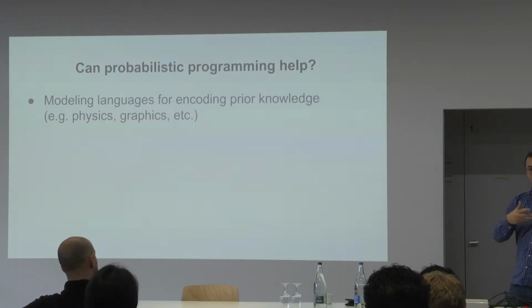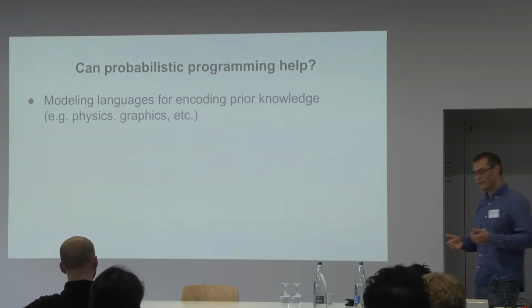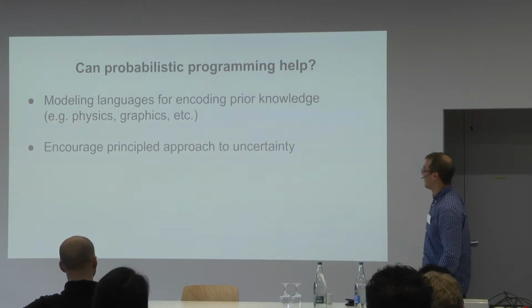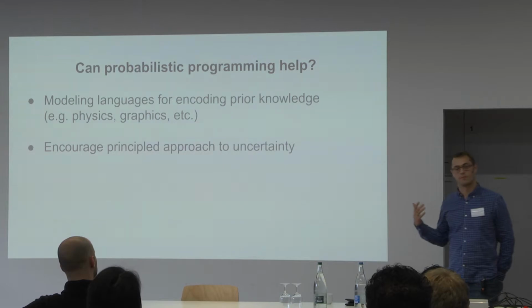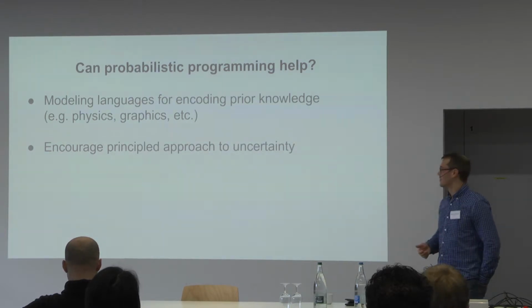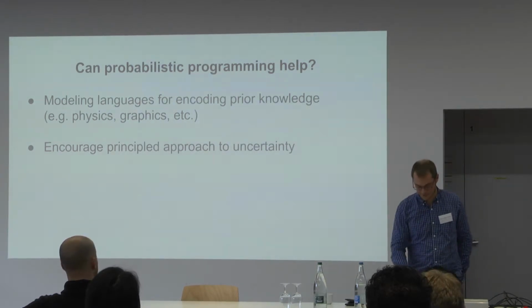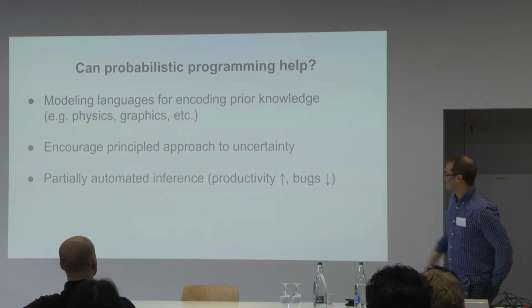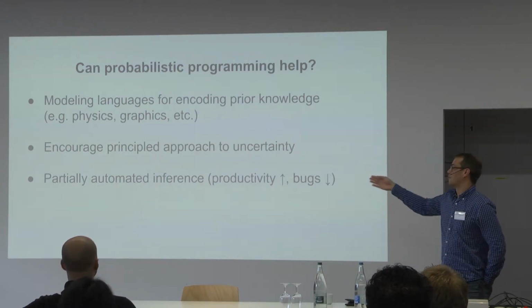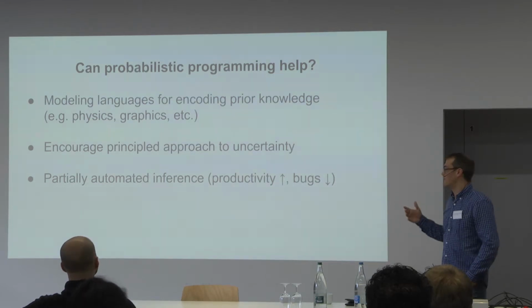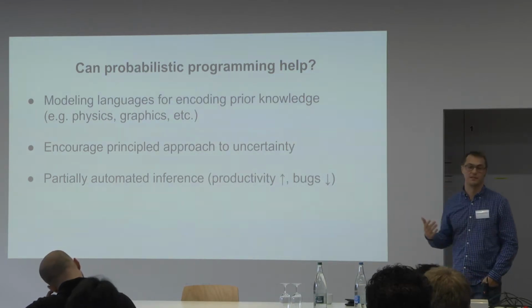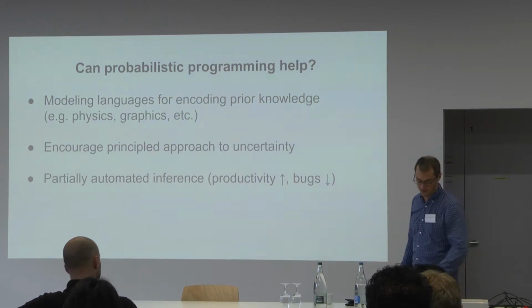So knowledge about physics, the physical temporal consistency of a scene, or knowledge about how graphics works. And again, probabilistic programming languages typically are based in Bayesian inference as the goal, so they encourage a principled approach to uncertainty. And finally, they are partially automating the inference process, so they should be improving the productivity, improving the accessibility, and reducing the bugs that users might encounter.